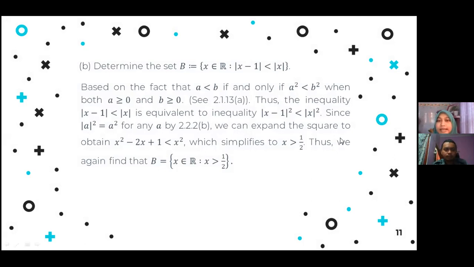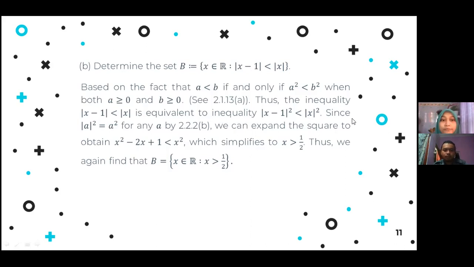We can see that at 2.2.13 in part A at the group 1 before. Thus, the inequality of the absolute value of x minus 1 less than the absolute value of x is equivalent to the inequality of the absolute value of x minus 1 squared less than the absolute value of x squared.